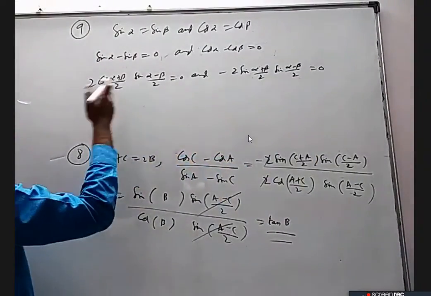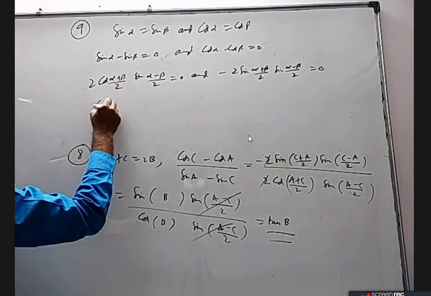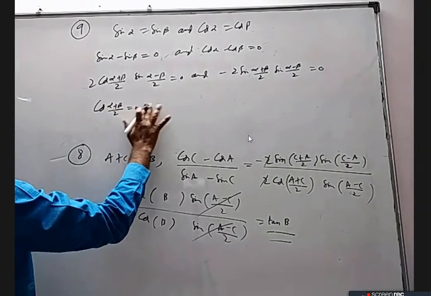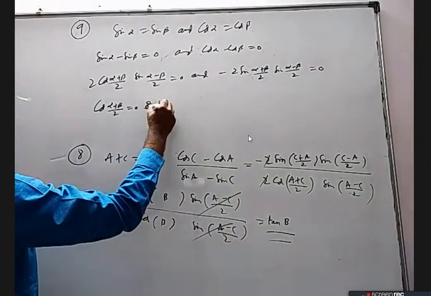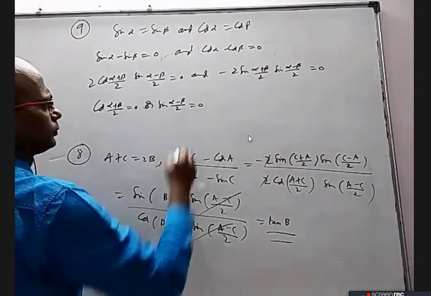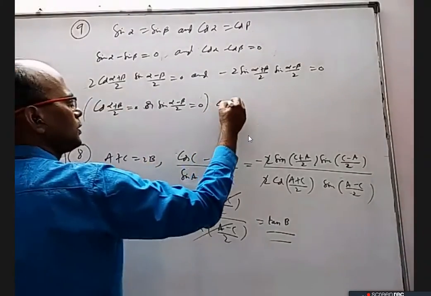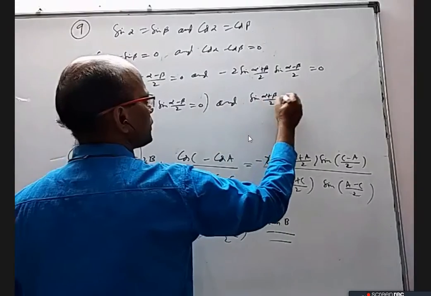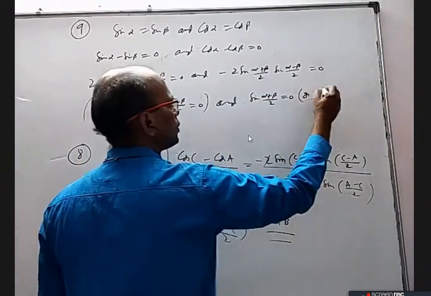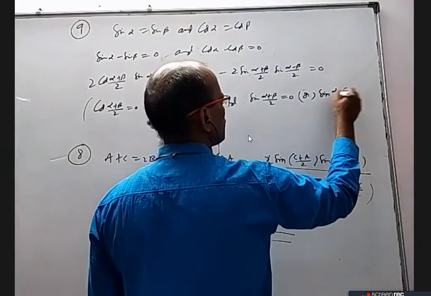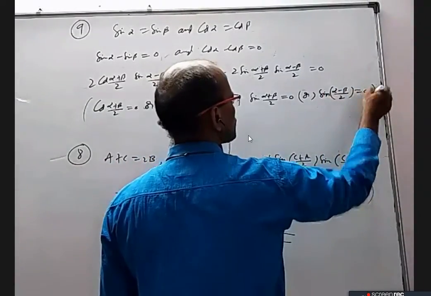If your product is 0, either this is 0 or this is 0. Cos (alpha plus beta) by 2 equal to 0 or sin (alpha minus beta) by 2 equal to 0, and sin (alpha plus beta) by 2 equal to 0 or sin (alpha minus beta) by 2 equal to 0.